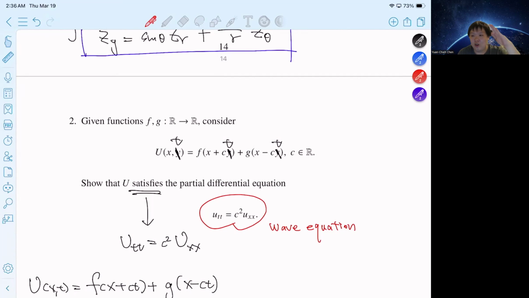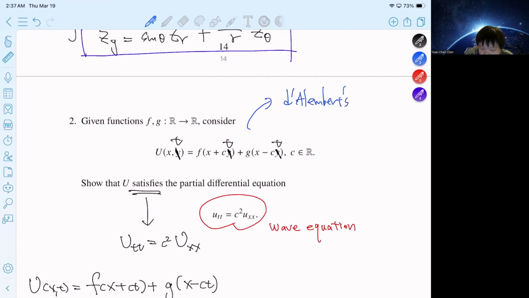So this means that f will follow this kind of thing, x plus ct, and g will follow x minus ct. If you put them together, you'll be satisfying the wave equation. So this is beautiful. This solution we call the d'Alembert solution.